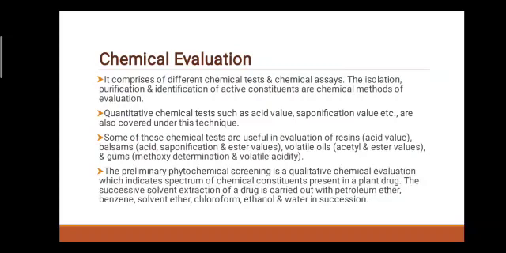The preliminary phytochemical scanning is a qualitative chemical evaluation which indicates the spectrum of chemical constituents present in a plant drug. The successive solvent extraction of a drug is carried out with petroleum ether, benzene, solvent ether, chloroform, ethanol and water in succession.